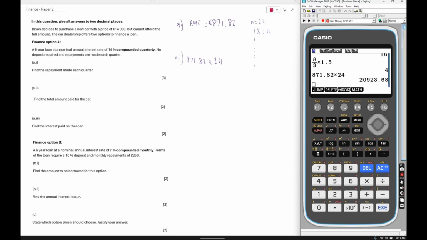We get 20,923.68. That is for the second part. So you get a mark for the correct expression, and you also get a mark for the final answer being 20,923.68.